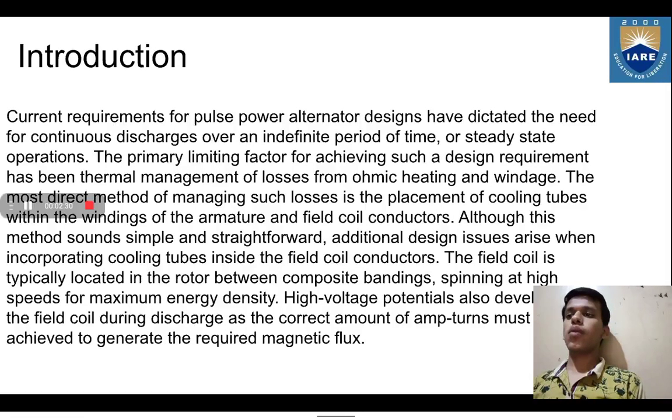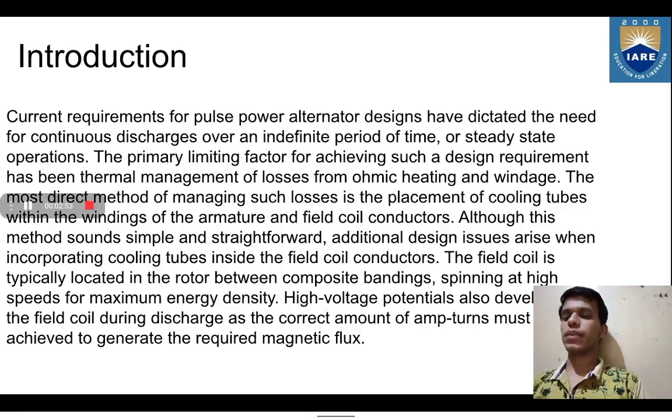Current requirements for pulse power alternator design have dictated the need for continuous discharge over an infinite period of time, or steady state operation. The primary limiting factor for achieving such a design requirement has been thermal management of losses from ohmic heating and windage.